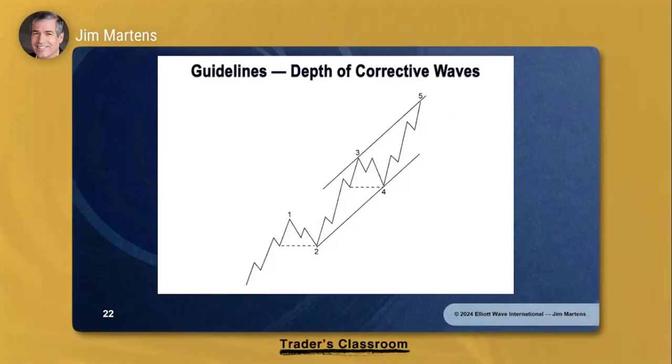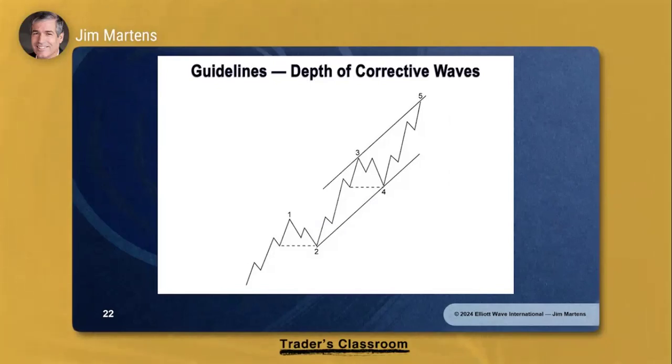The wave principle also helps us identify where corrections might end. When a 5-wave sequence is complete, the subsequent correction of that movement, in this case the rally, will often provide support in the area of the fourth wave of one lesser degree. And that's particularly true when the correction underway is itself a fourth wave.